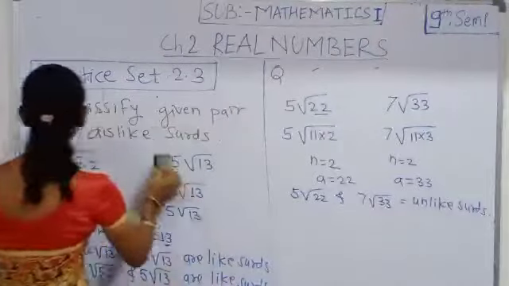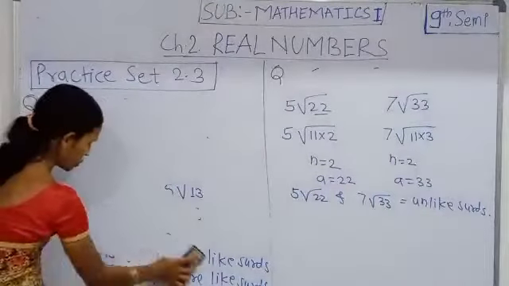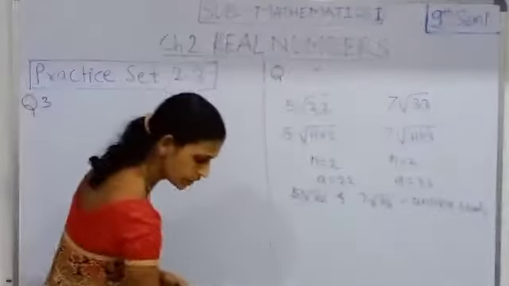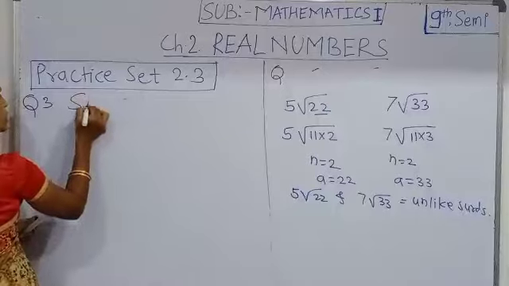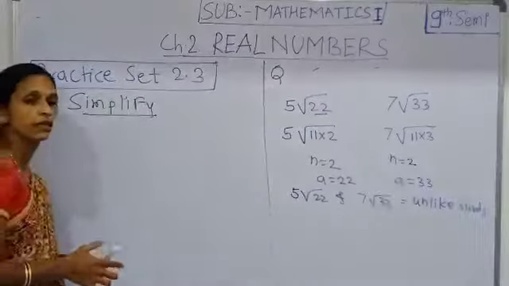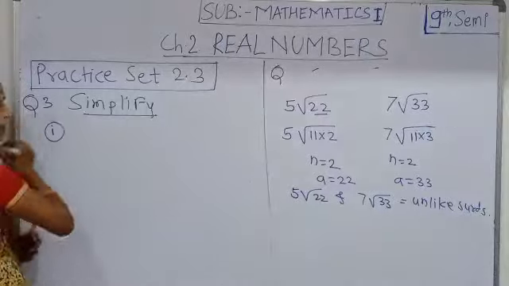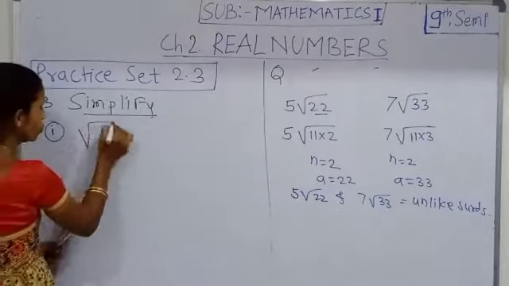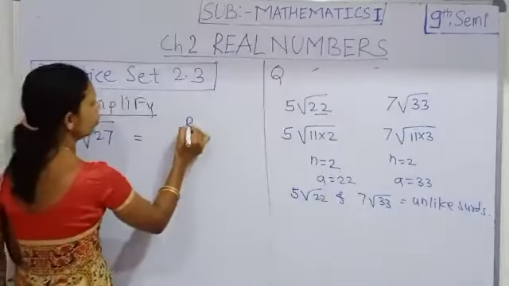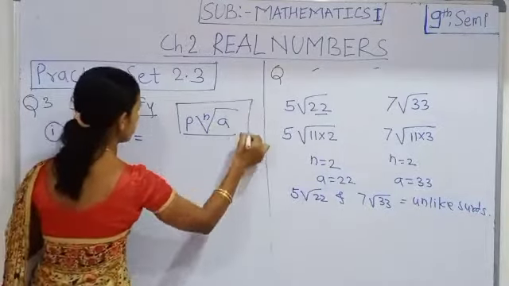Then the next question, question number 4, in which a few examples of surds are given in different forms and we have to simplify those surds. The example from question number 4, one of the surds is given here, that is square root of 27. Then we have to convert this into p nth root of a, that is the simplest form.